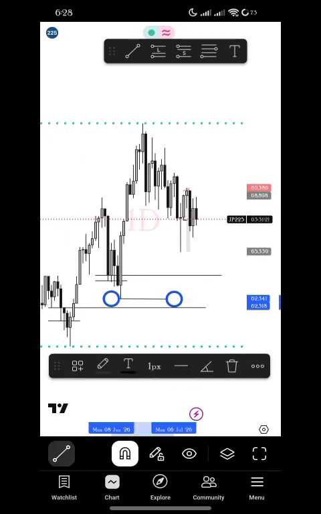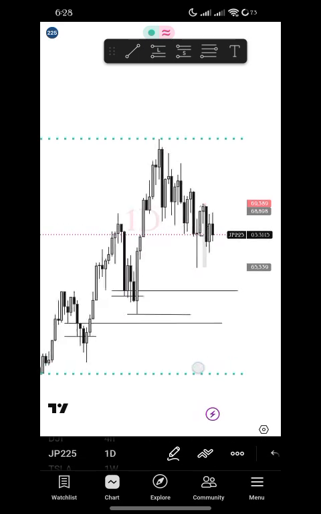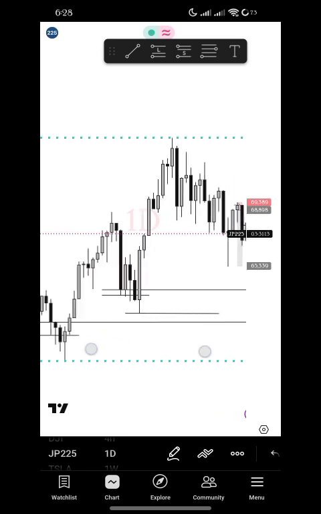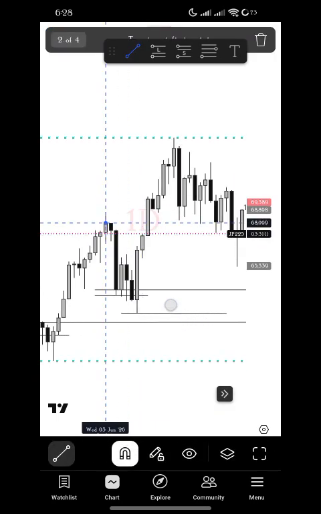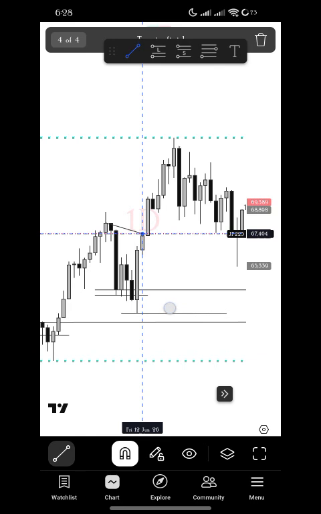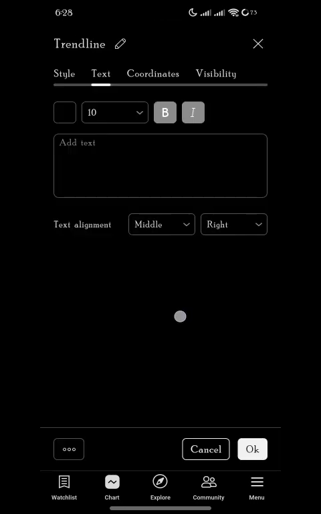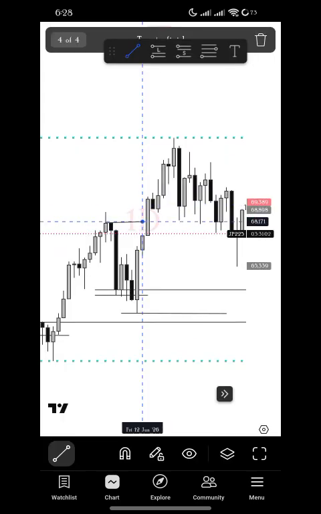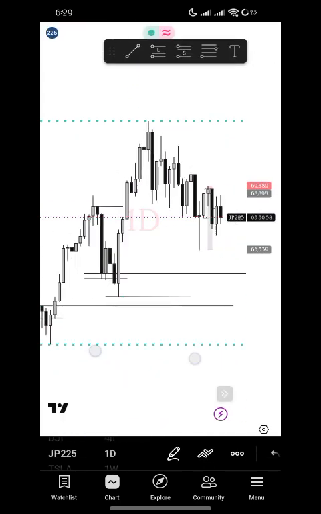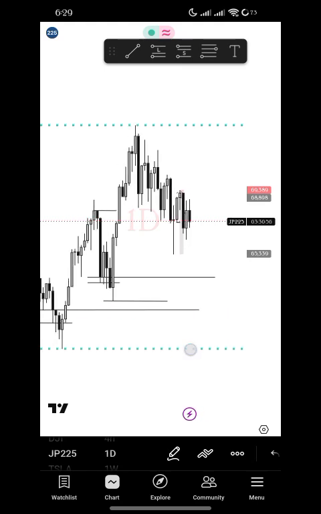Here I will consider it as liquidity. This could be considered as liquidity, even though it swept liquidity and then gave us a breakout. It's considered as liquidity as well.